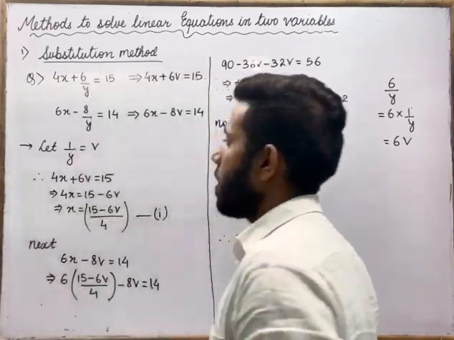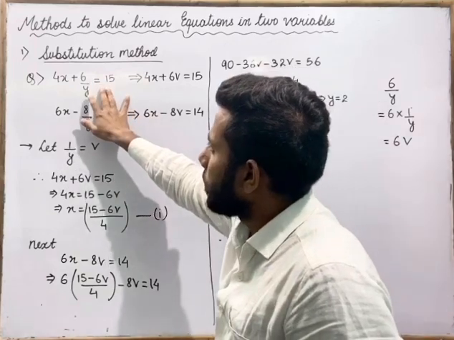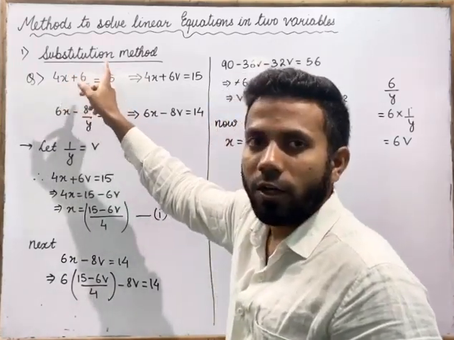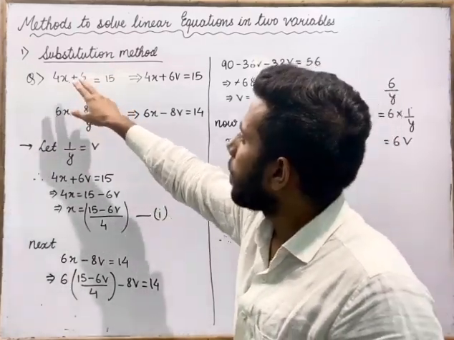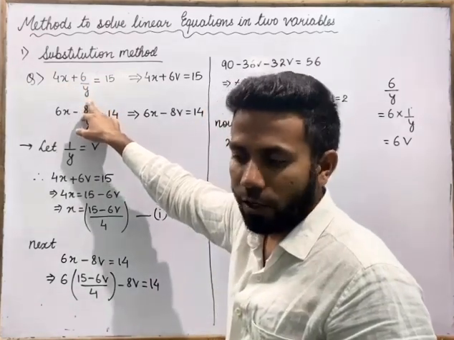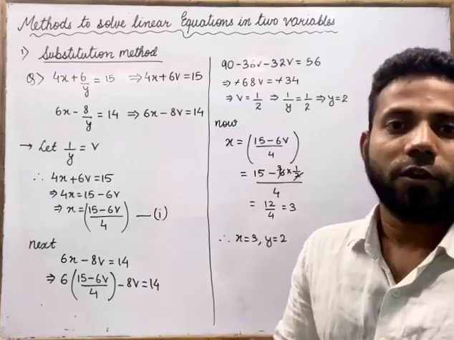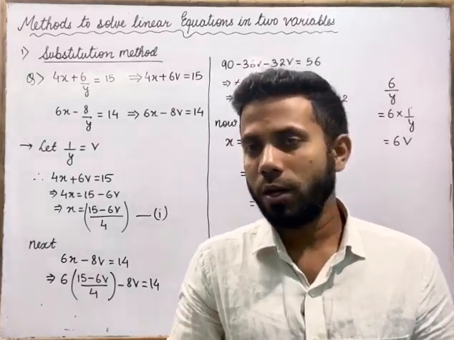Now try to understand it once again. In this equation, both the variables are not present in the numerator. One of the variables is present in the numerator and the other variable is present in the denominator. So we have to go by a different approach. In questions where the variables are present in the denominator, you have to take the form of u and v.